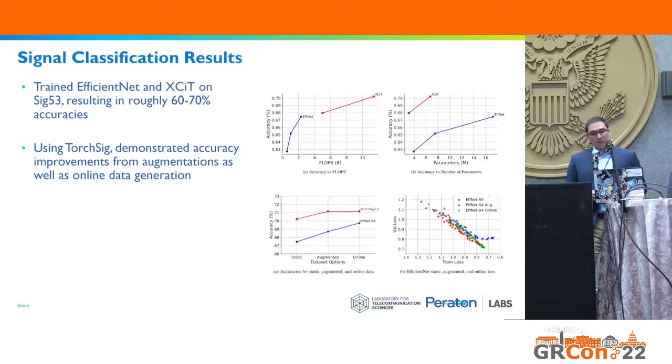So the next step naturally is to verify that the SIG53 data set is a sufficiently challenging problem that overcame some of the limitations that we saw earlier on with the existing data sets. To do this, we started off by taking that same EfficientNet architecture that I named before and training up 3 different scales, B0, B2, and B4, on the SIG53 data set.